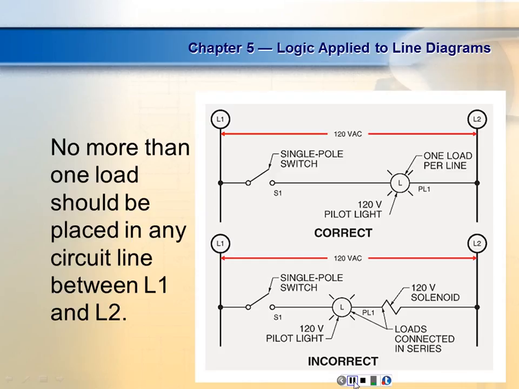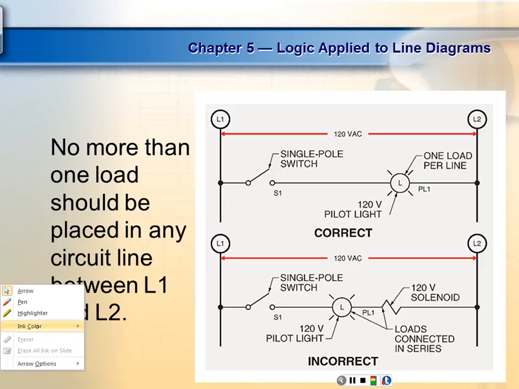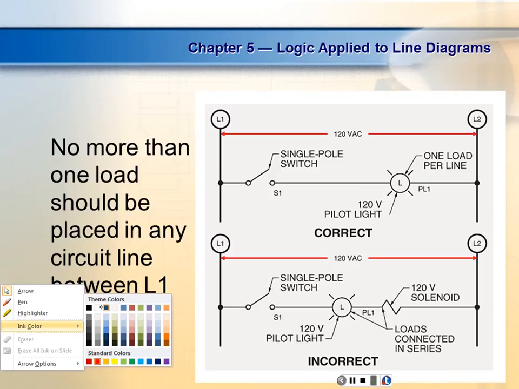One load per line. Not per rung, per line. Y'all understand that? So I could come up here and do this. This would still be one rung, but it would have 2 lines.